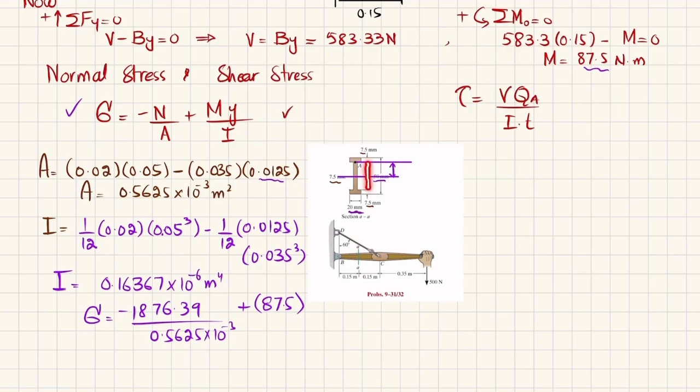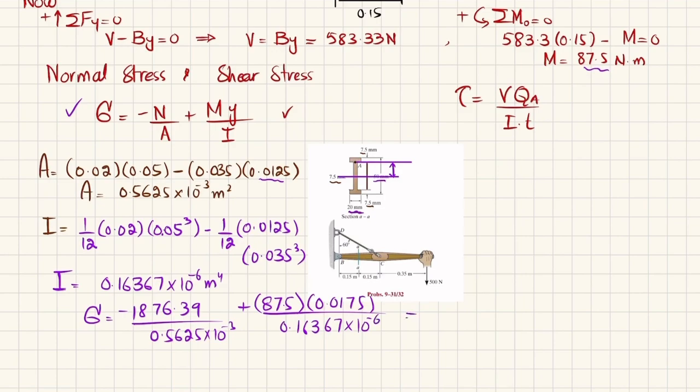So 35 half is 35 divided by 2, which is equal to 17.5 millimeter. So in meter it is 0.0175 meter. So I will write, multiply by 0.0175 divided by I, which we have calculated, is 0.16367 into 10 raised to power minus 6.